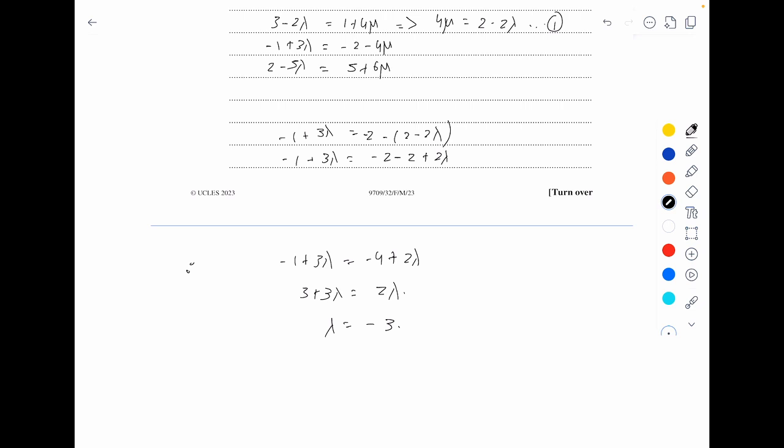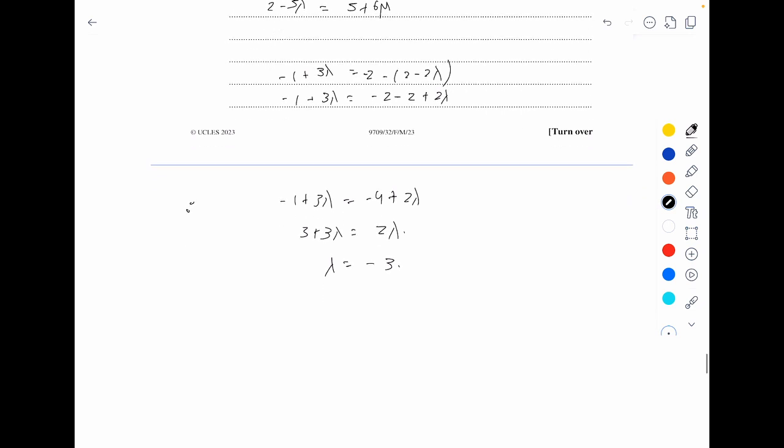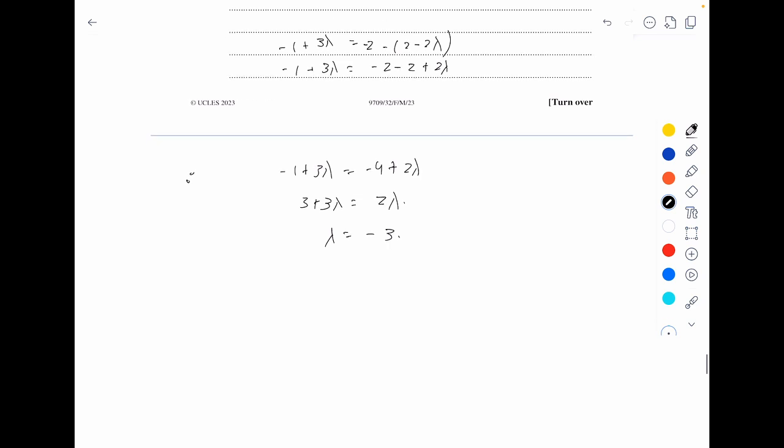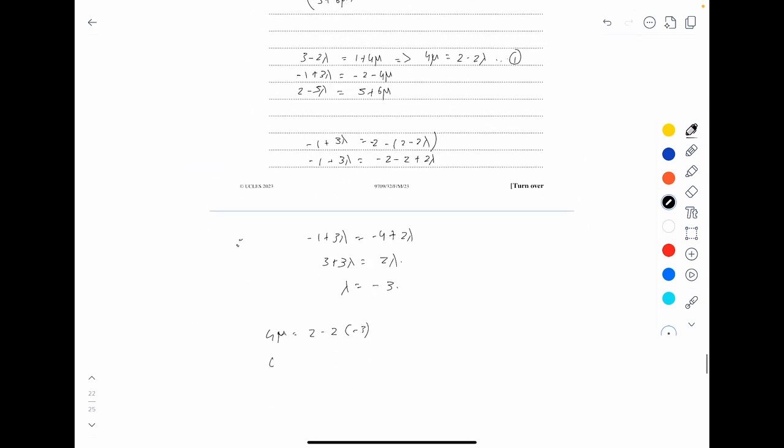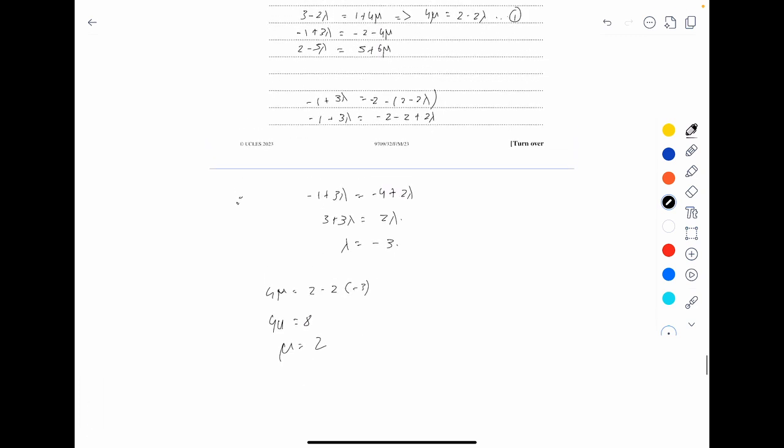Alright, well, I failed, but anyways, finishing it off, lambda equals negative 3. So 4 mu is equal to 2 minus 2 times negative 3. And therefore 4 mu is equal to 8, mu is equal to 2.